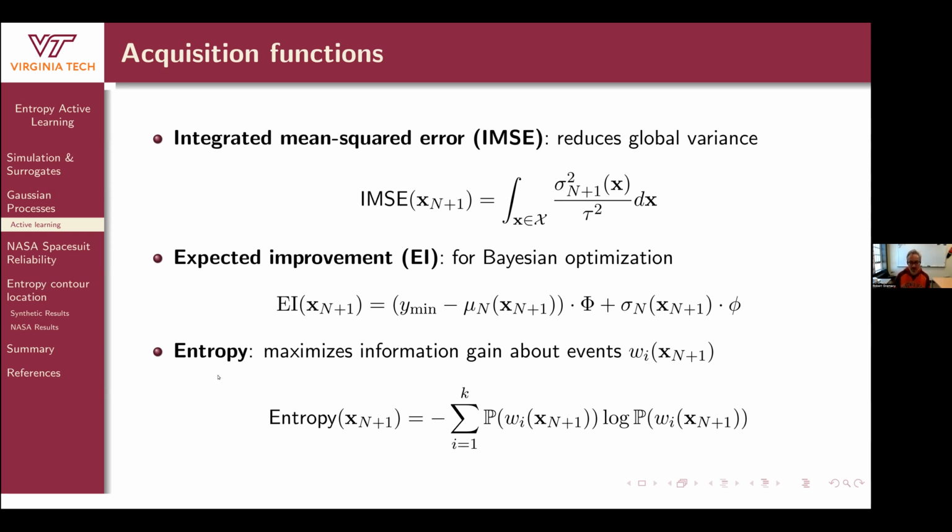This talk is going to focus on something called entropy, which seeks to maximize the information gain about a discrete set of events. So if you have a discrete set of events, Wi, here there are k such events. If you can characterize what those events are, then a simple entropy calculation, again, it can be done in closed form in many situations, can help you decide how to maximize the information in your predictive distribution about those events.